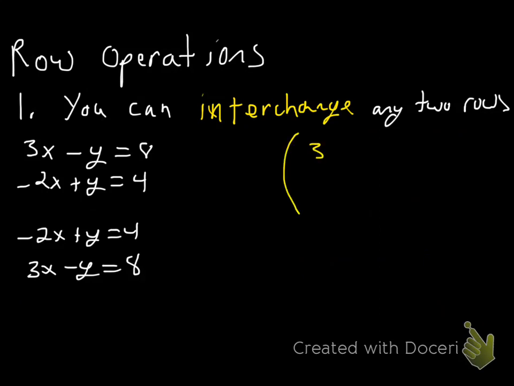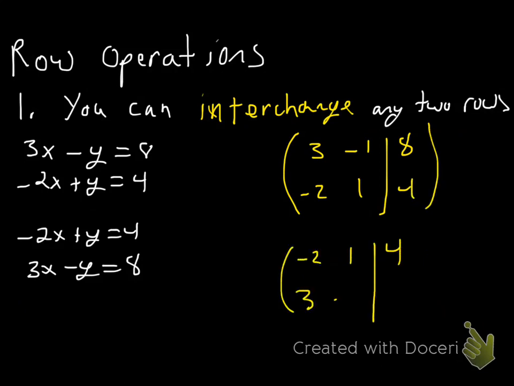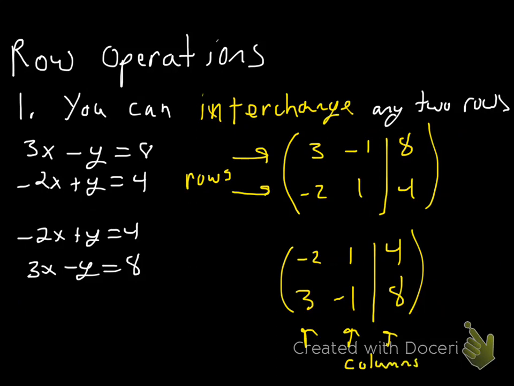With matrices, it just means we can switch the rows. So we have those are our rows, and then above are columns.